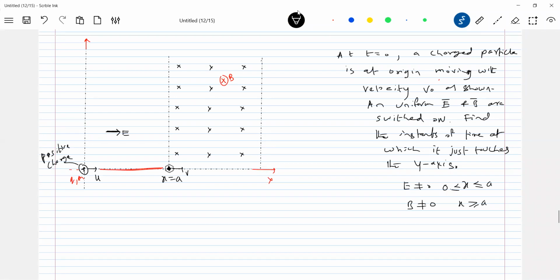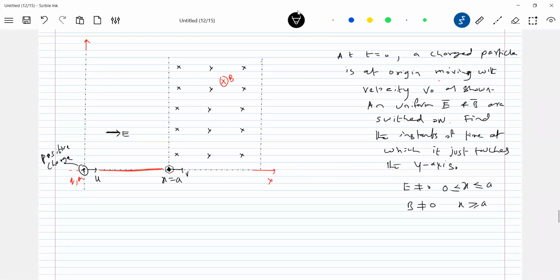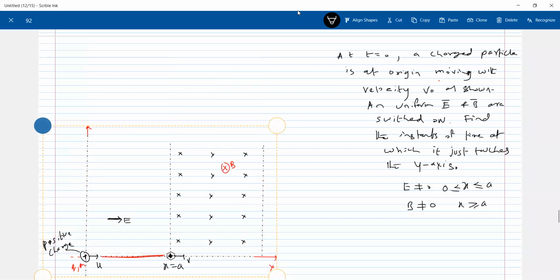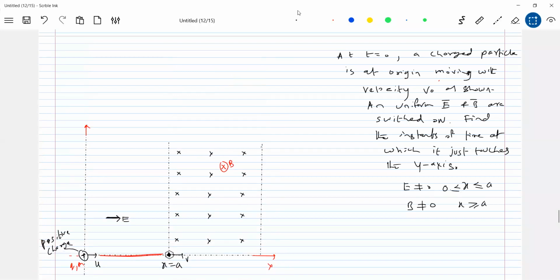Now what should happen to the charged particle? What type of path? Again, it's a curved path, and since the magnetic field is present for x greater than a, what is the radius of that? Definitely x is very much. So the magnetic field extends for almost a large distance. So it's going to describe a semicircular path.